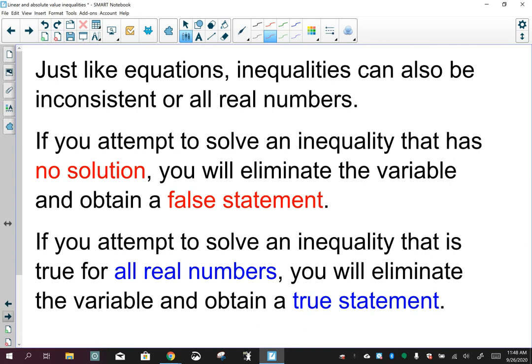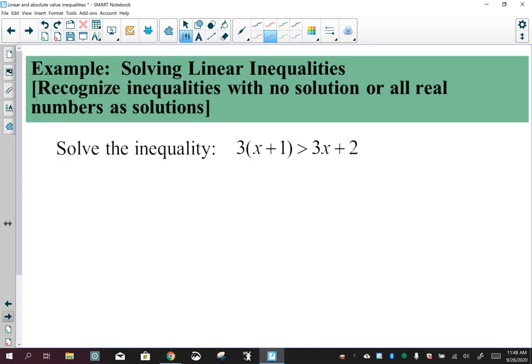When we're doing this, if your x variables cancel out and you have no more x variables at all whatsoever, and you wind up with a true statement, you're going to have all real numbers. But if all of your x's cancel out and you wind up with a false statement, you're going to have what's called no solution.